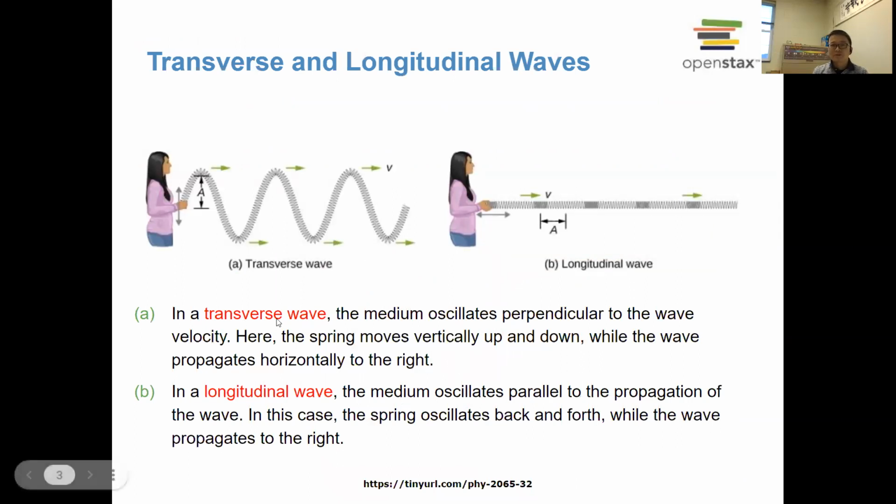In a transverse wave, as the wave propagates, the medium vibrates up and down, perpendicular to the direction of the wave's propagation. In a longitudinal wave, the medium oscillates along the direction of the wave's propagation.